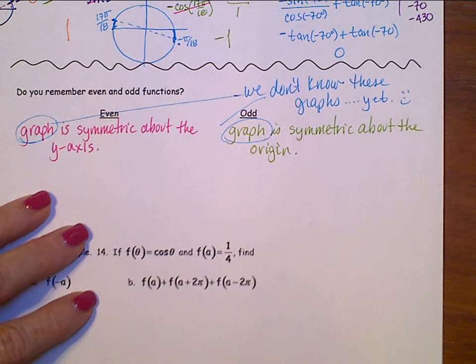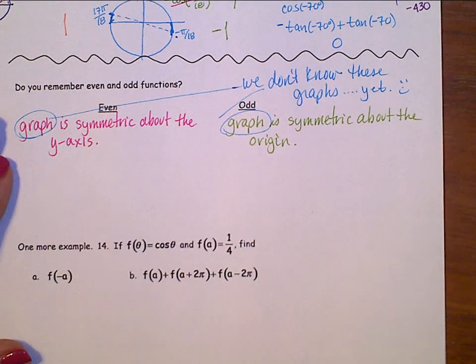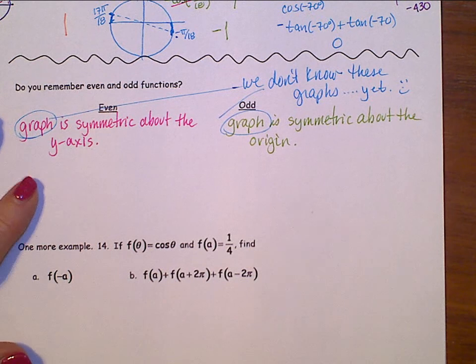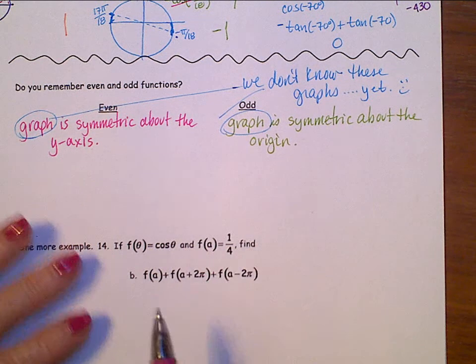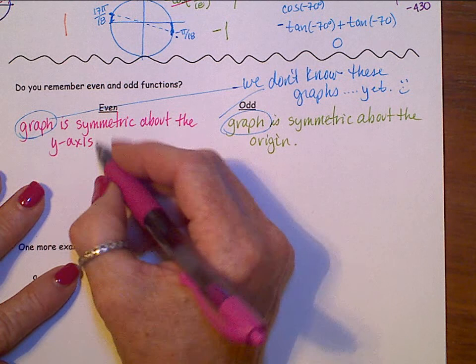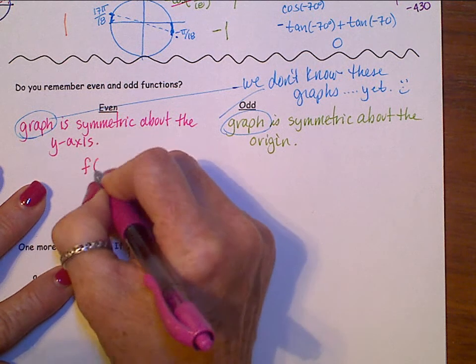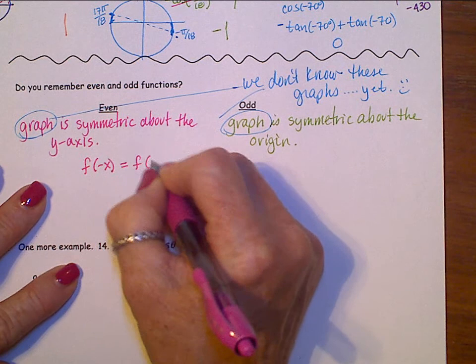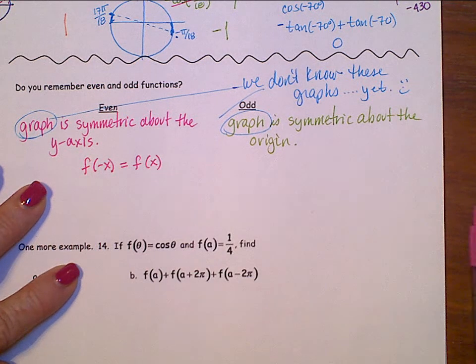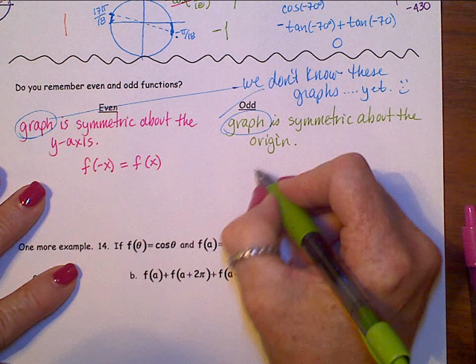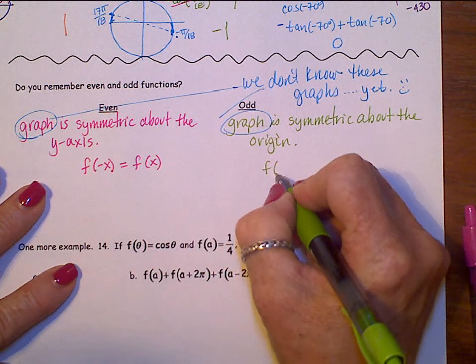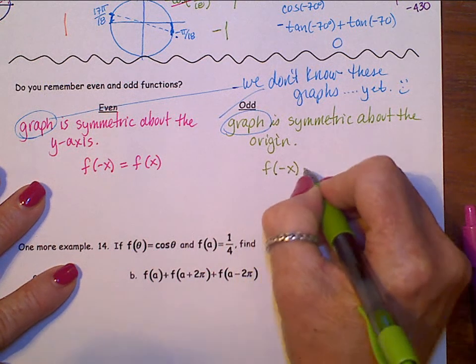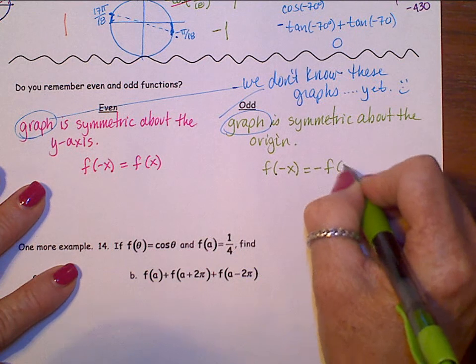All right, so we need to go back to our original definition for even before we talked about graphs. A function is even if f of the opposite of x is exactly the same thing as f of x. And a function is odd if f of opposite x is the same thing as opposite f of x.